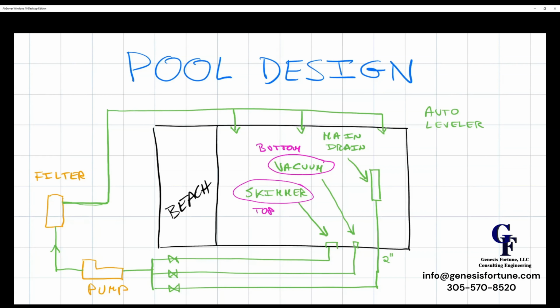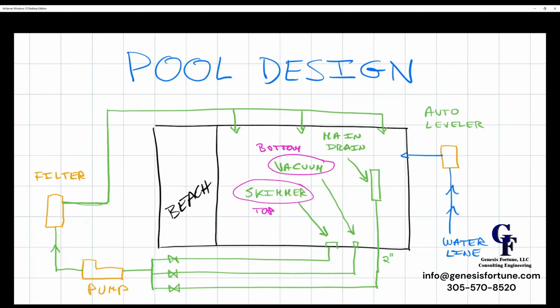It's a small piece of equipment. It has on the inside a way to know the desired water level of the pool. The water line coming from your house, this is just the water line, goes into the auto leveler, and then from the auto leveler it goes into the pool.